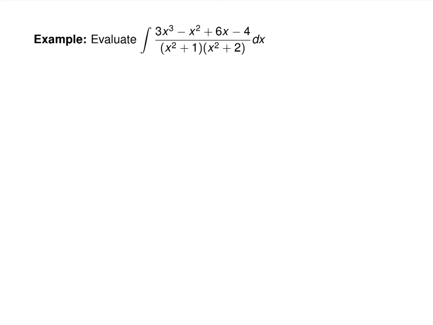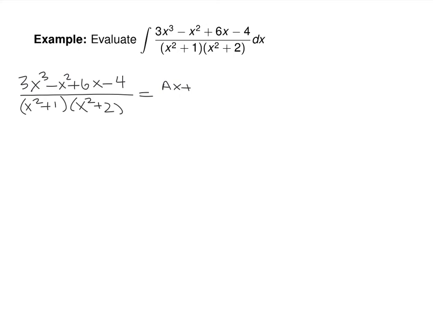So, all right, well, this was going to be a little painful, but you can do it. So we have 3x cubed minus x squared plus 6x minus 4 over x squared plus 1 times x squared plus 2 is equal to ax plus b over x squared plus 1 plus cx plus d over x squared plus 2.